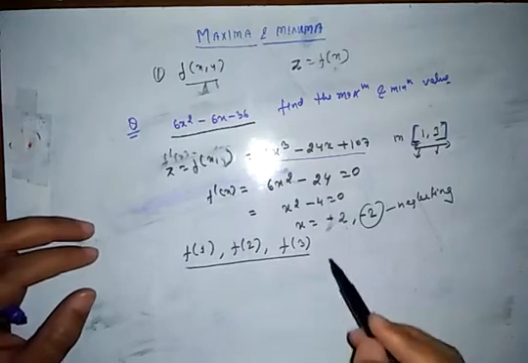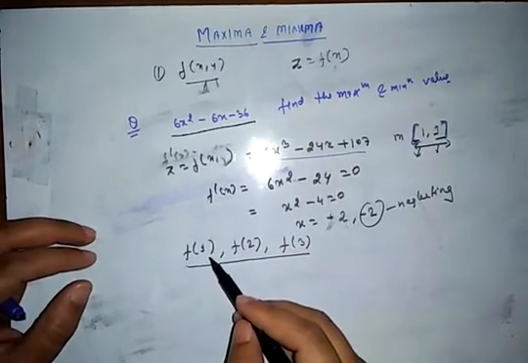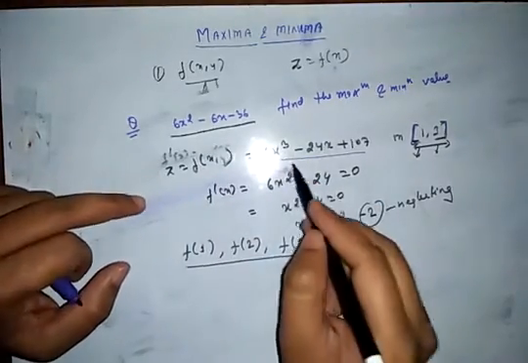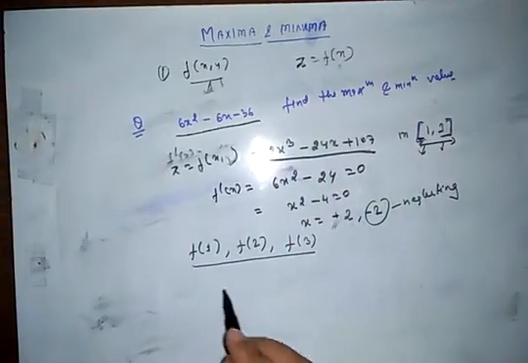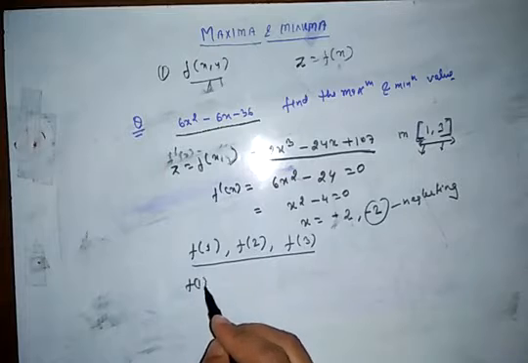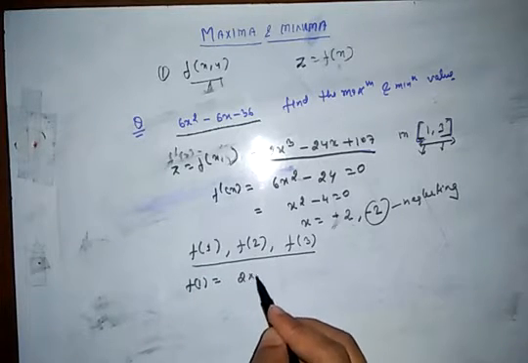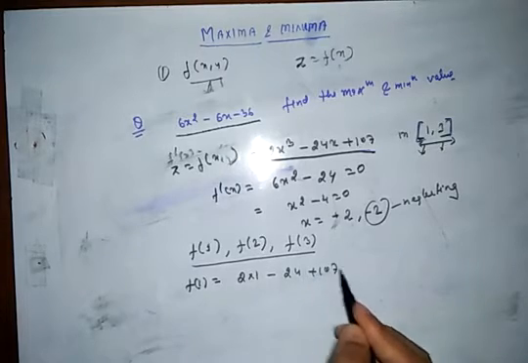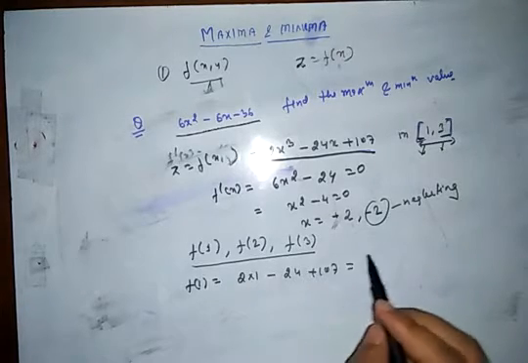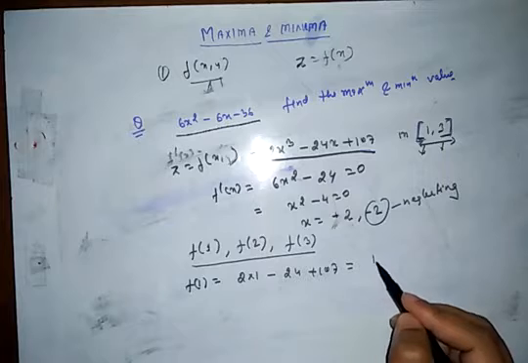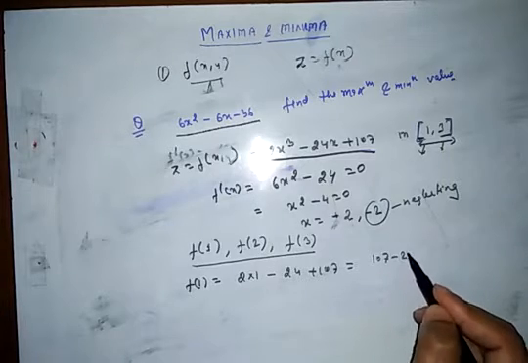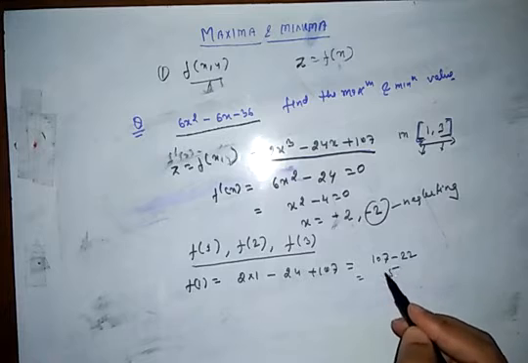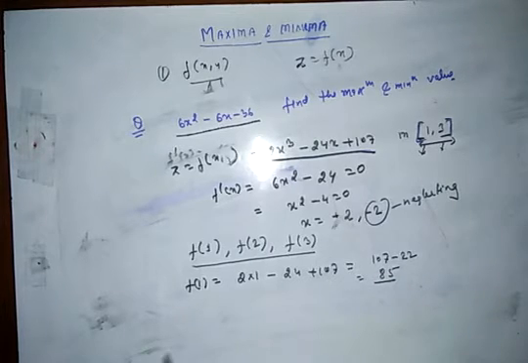When you find f of 1, directly put the value in this equation. f of 1 is twice into 1 minus 24 plus 107. That is 107 minus 22, so this implies 85.